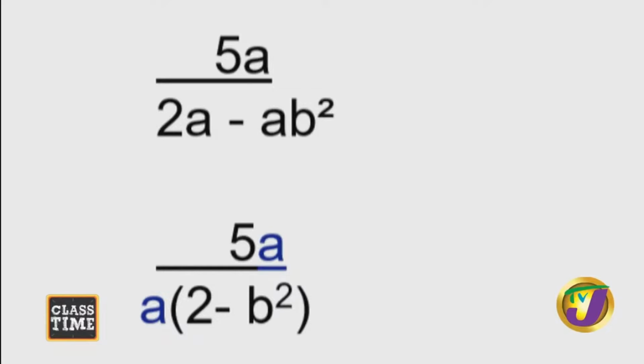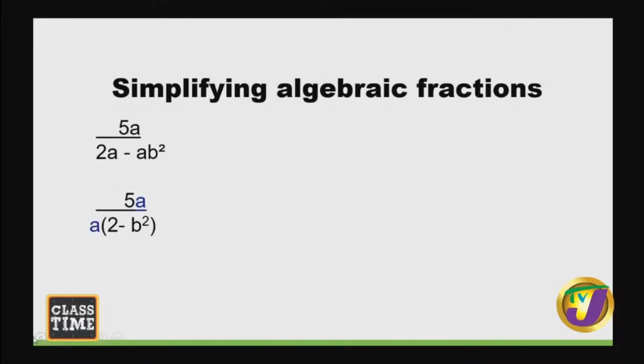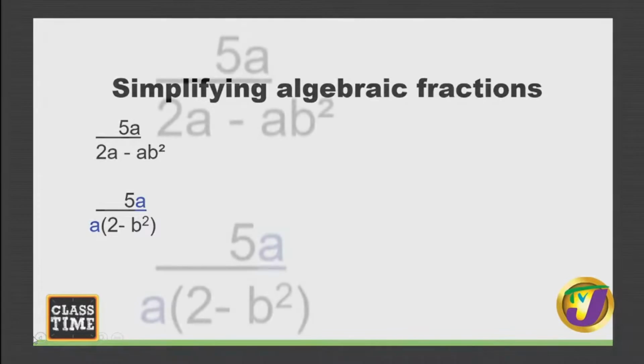So as you can see, my new algebraic fraction will look like 5a over a, open bracket, 2 subtract b squared, close bracket. Now, looking at your numerator and denominator, you can definitely see, because I've highlighted the common things, that a is common to both the numerator and the denominator.